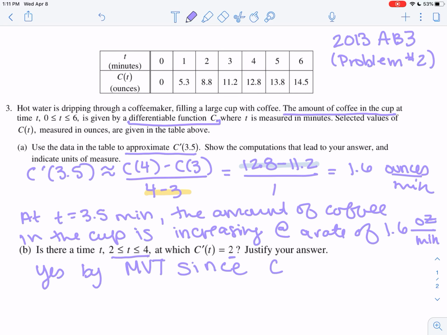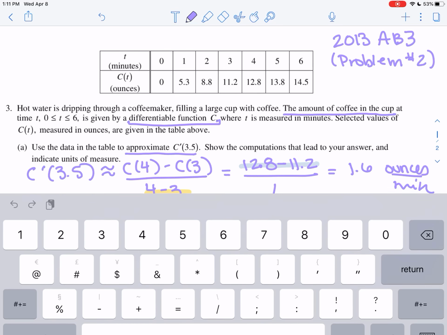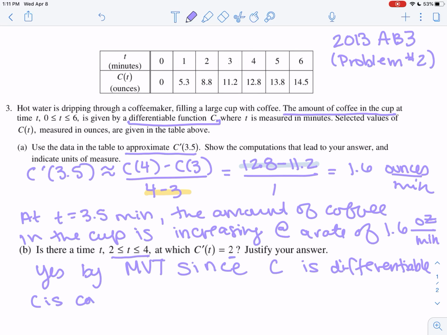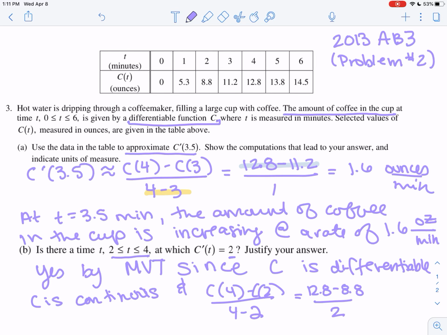So since c is differentiable, c is continuous, and now we're going to show the math. c of 4 minus c of 2 all over 4 minus 2 was 12.8 minus 8.8, which is 4 over 2, which is indeed 2. So it works. So 3 pieces there. Make sure you state the theorem, the conditions of the theorem, and then show the math.